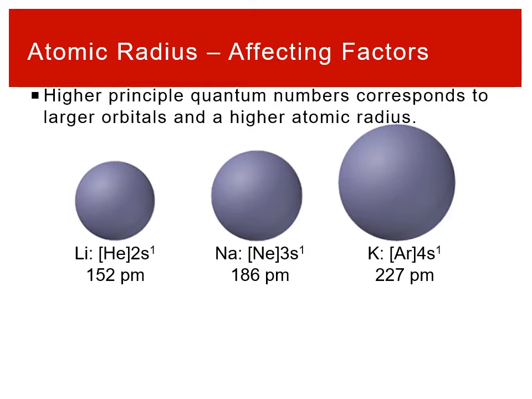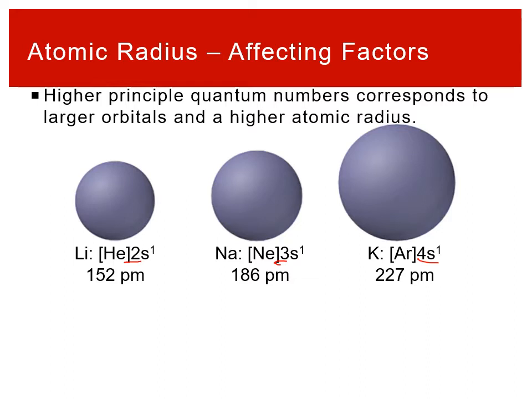To count that, we look at the highest principal quantum number of orbitals on an atom. For example, lithium has n equals 2 as its highest, sodium is n equals 3, and potassium is n equals 4. Those are literally just larger orbitals. As a result, the atoms get bigger and bigger as that number goes up.